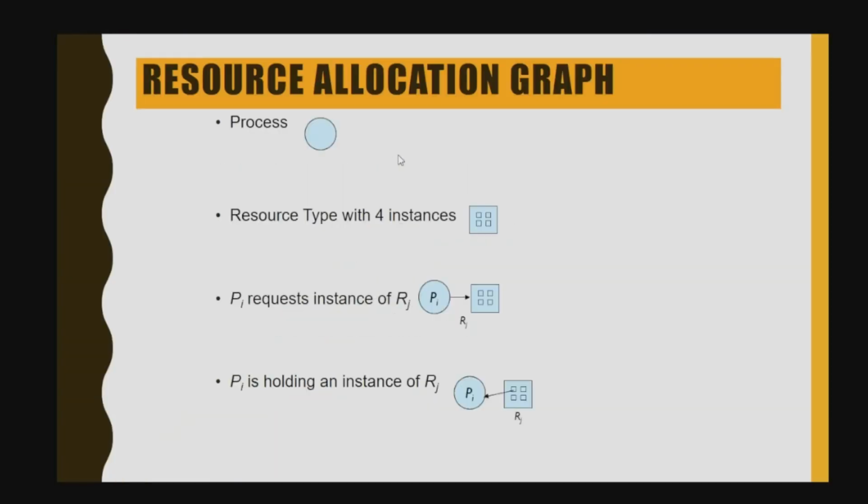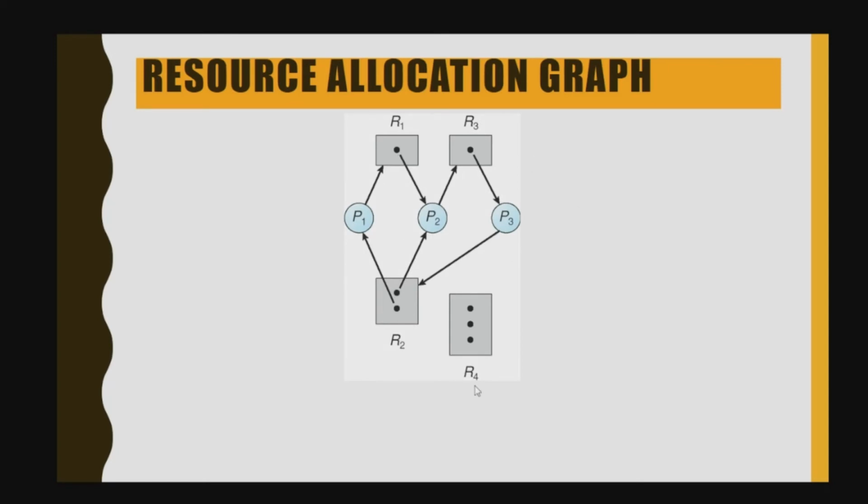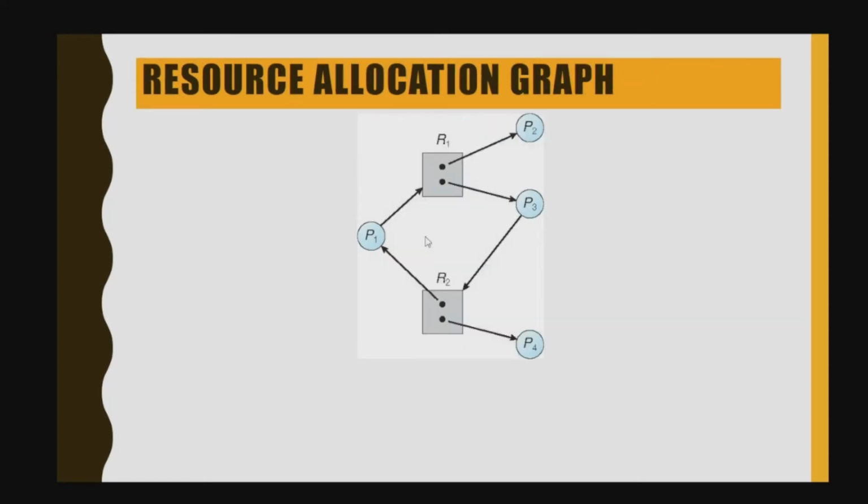These are examples of circular wait. And in this graph we also have a cycle. R2 is assigned to P1, and P1 requests R1. R1 is used by process 2 and process 3. Process 3 requests R2, and R2 belongs to process 4.